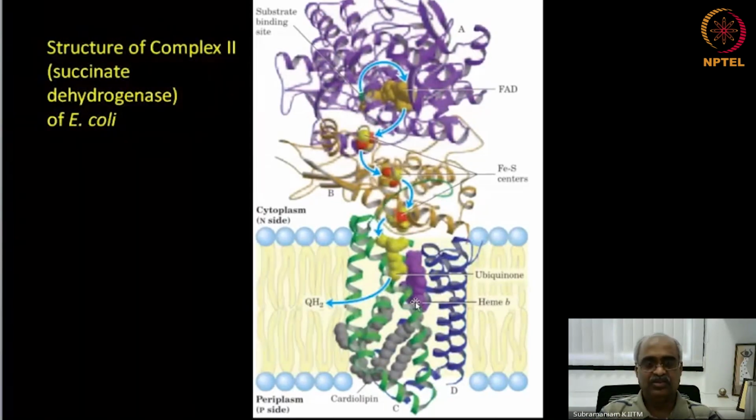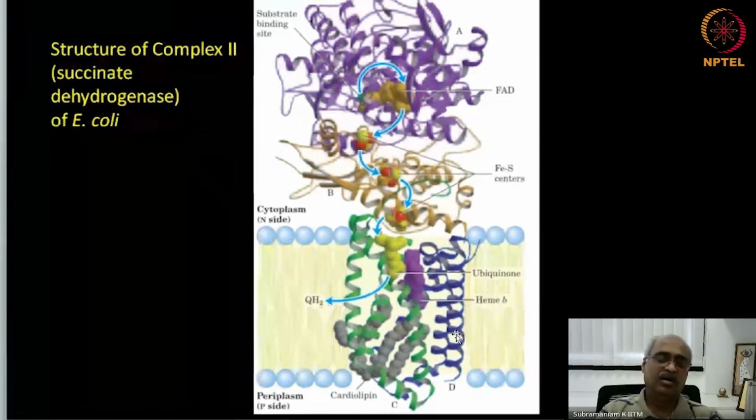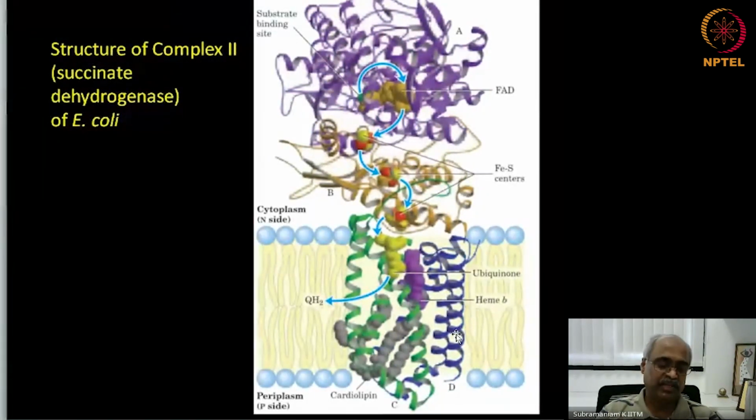For example, mutations in these protein domains that affect this heme binding have been shown to cause mild problems like benign tumor formation, etc.